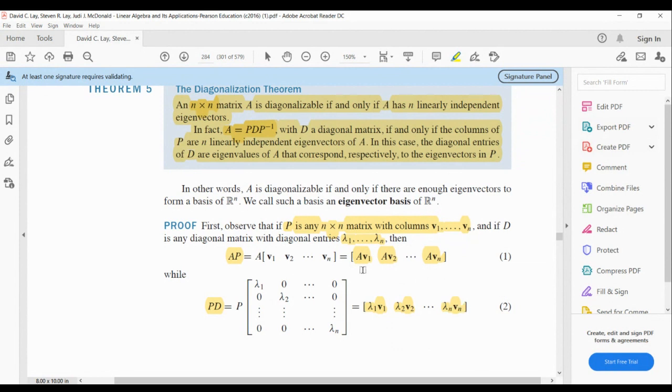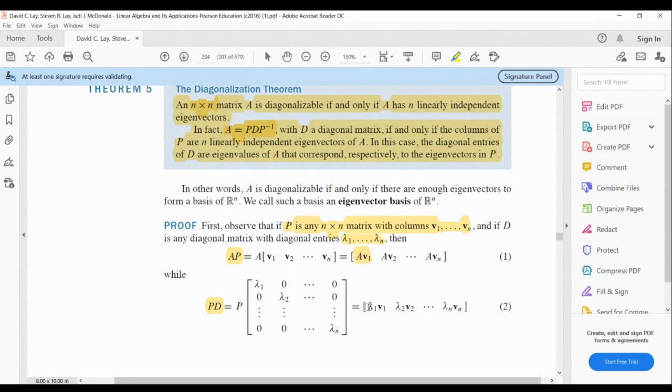Well, if A times V1 equals lambda 1 times V1, what does that tell you? Let's focus here.